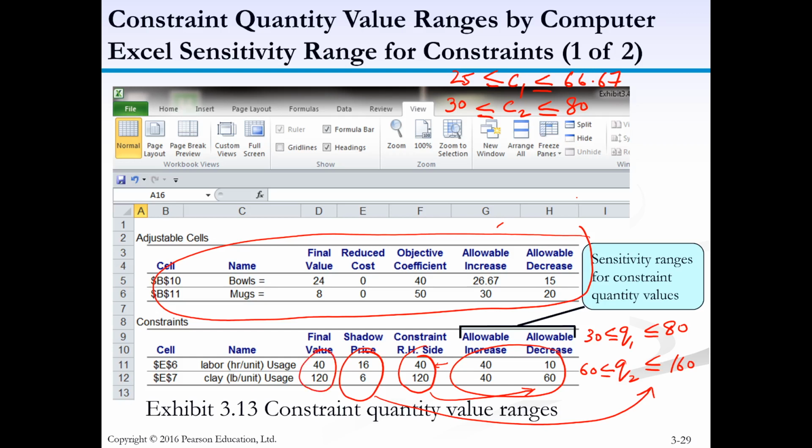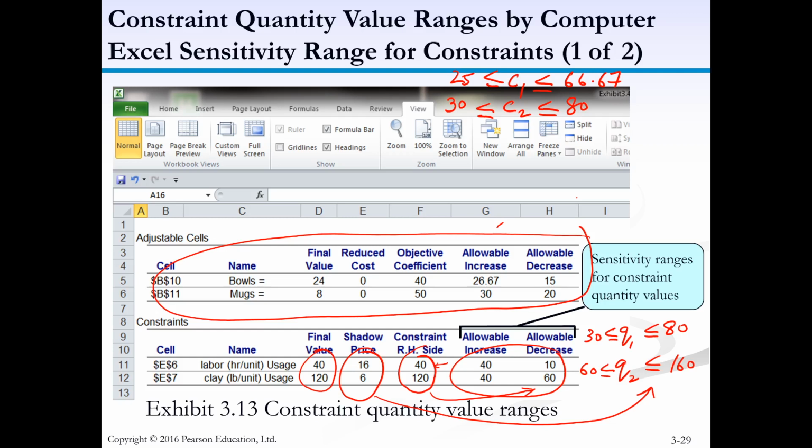Final value is telling us that the right hand side was 40 and the final value is 40 for the first constraint, and for the second constraint 120 and 120 again. It means that both constraints are fully used up, and the slack is 0.